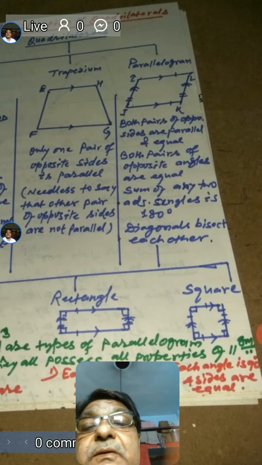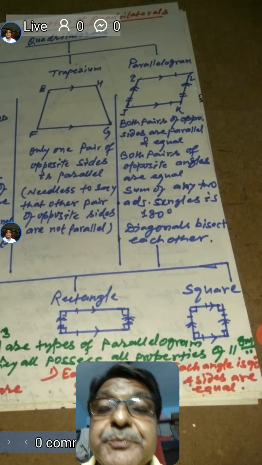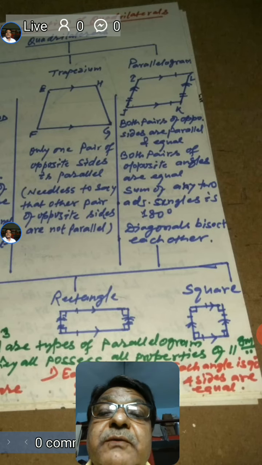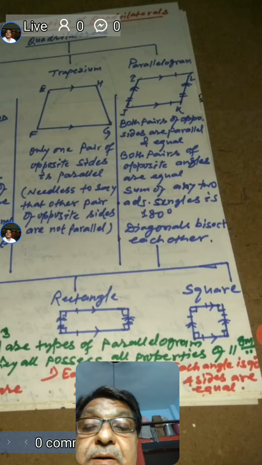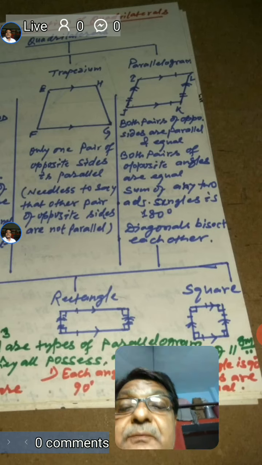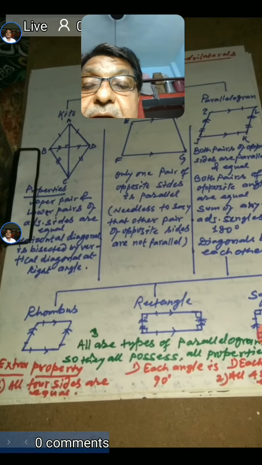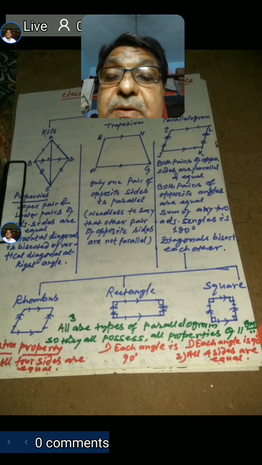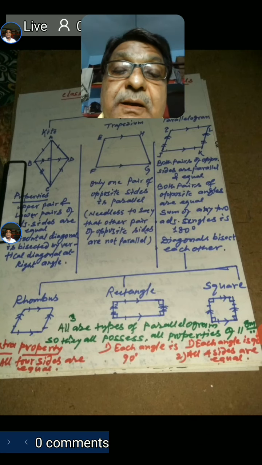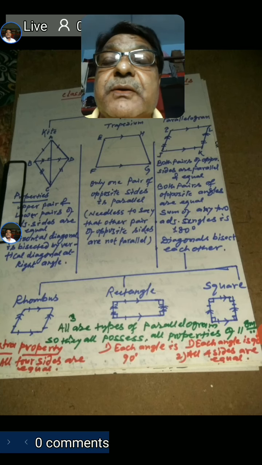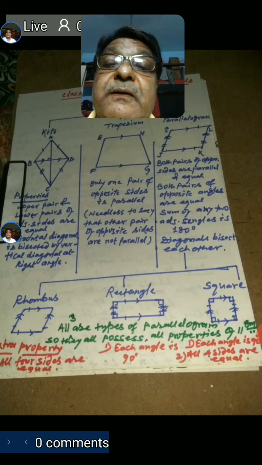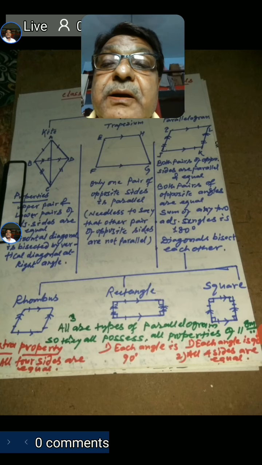Now among these parallelograms, there is not only one type, rather all the parallelograms are again divided into three main categories, and these are rhombus, rectangle and square. Student, first of all, just take it that these three are categories of parallelogram.